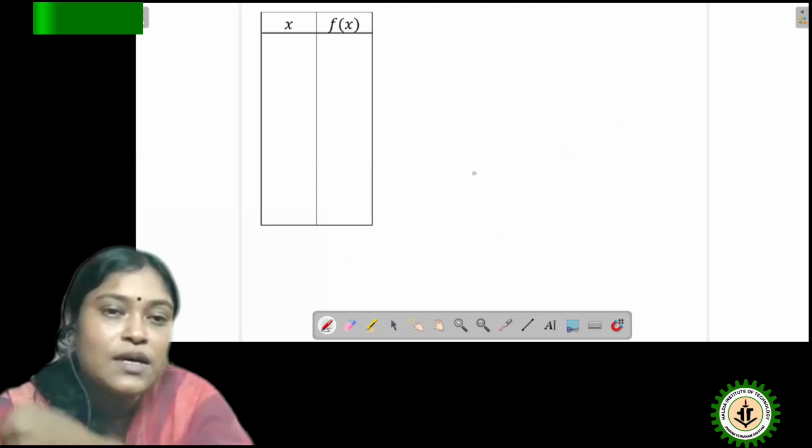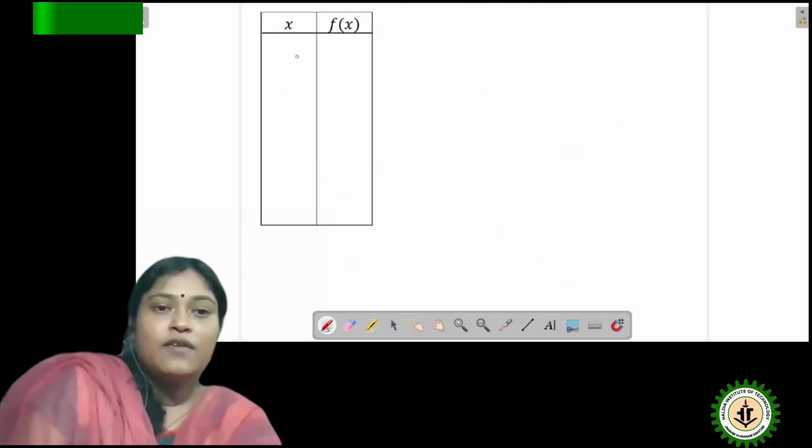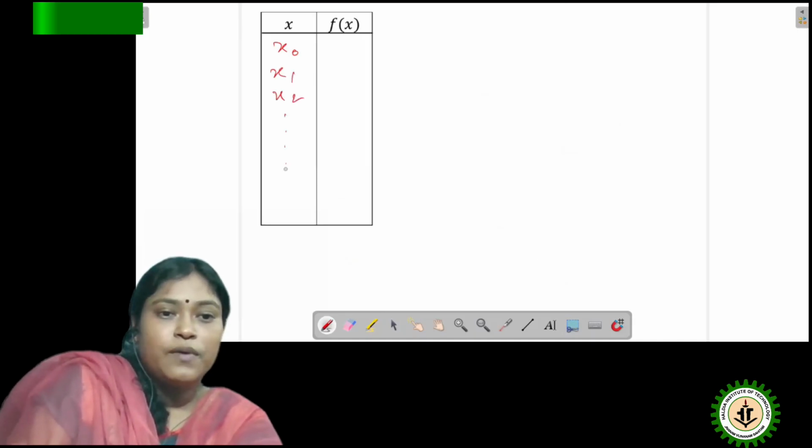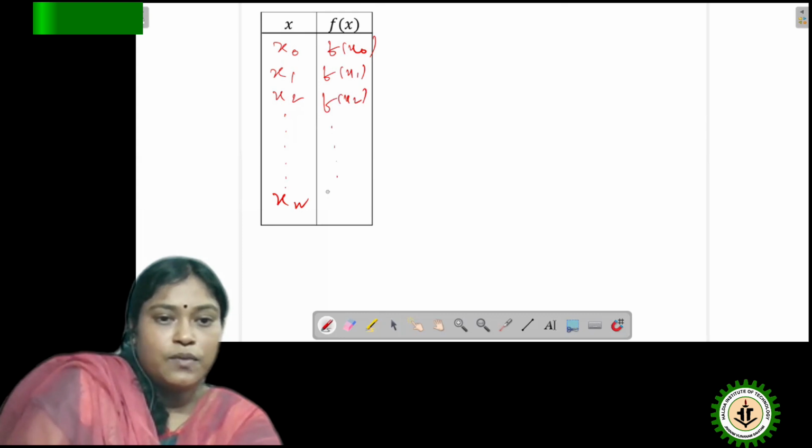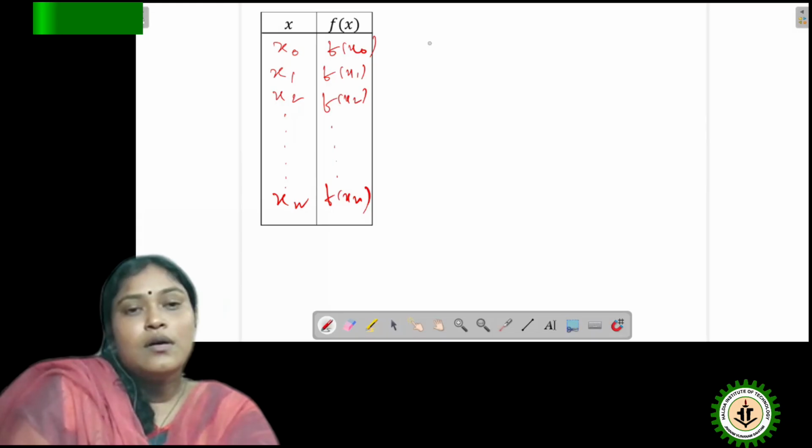Now, in particular, suppose we have the given data set x0, x1, x2, in this way up to xn. The corresponding functional values are f(x0), f(x1), f(x2), in this way up to f(xn).